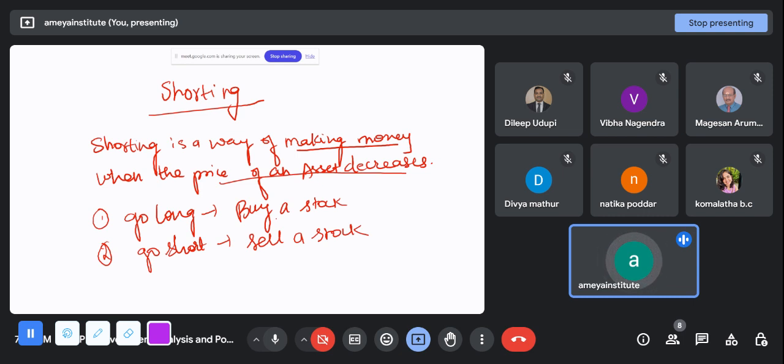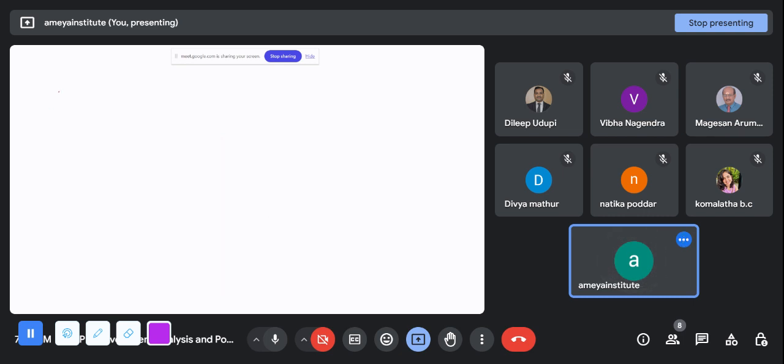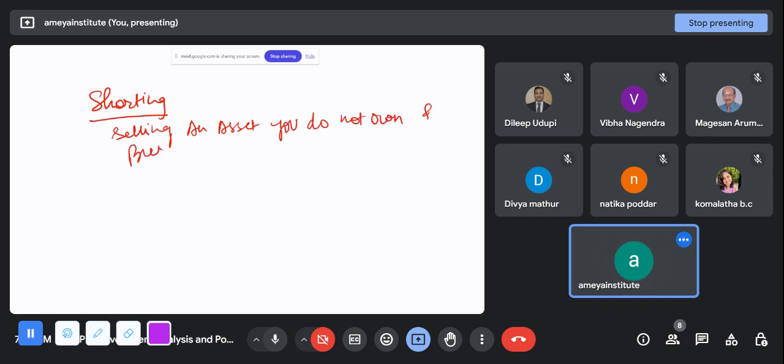Now, in another way, what we can say in shorting, basically what we're going to do: you're selling an asset you do not own, and buying it back when the price decreases, when the price of that asset decreases.